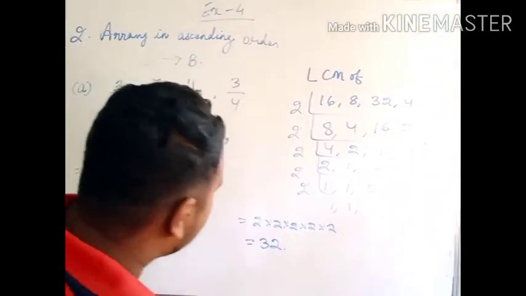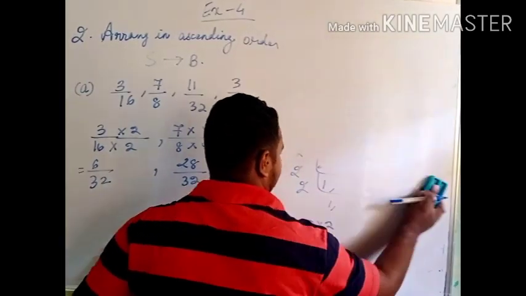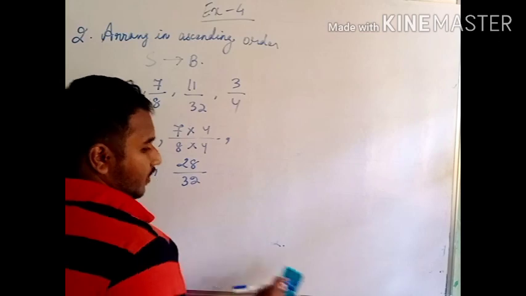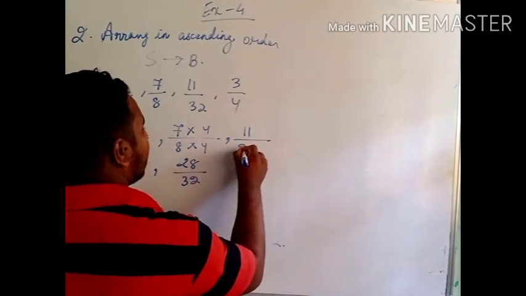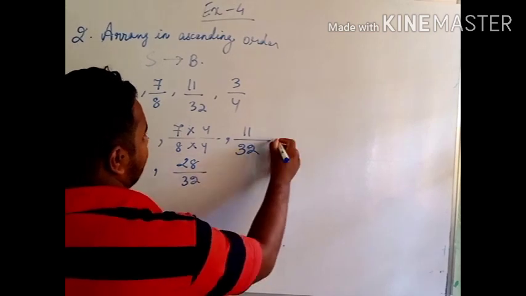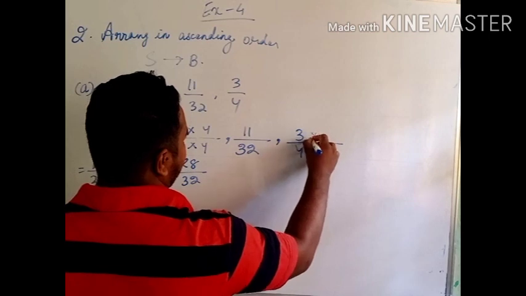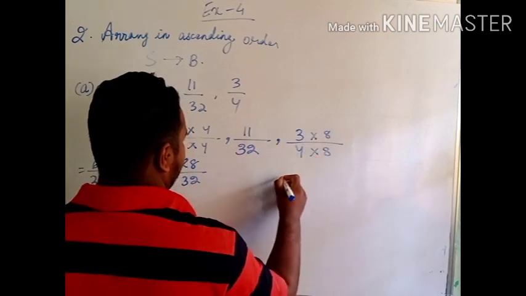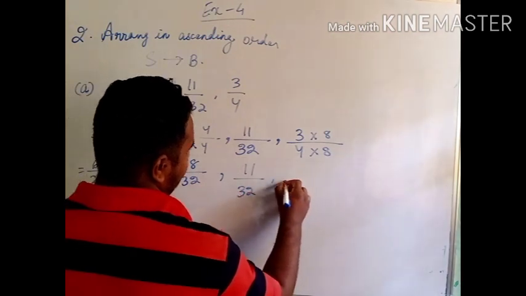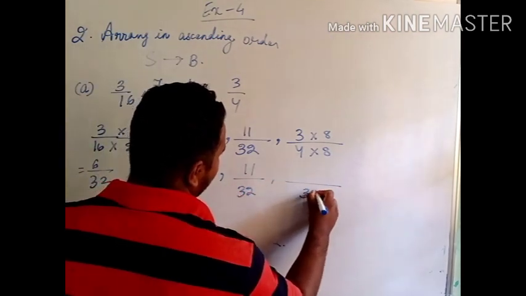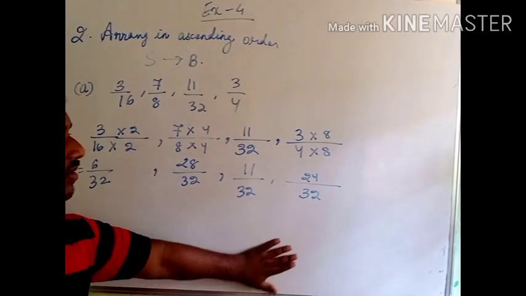Next, 11 by 32, already it is 32, no need to do anything. 3 by 4, 4 into how much? 8s are 32, 24. Now finished.